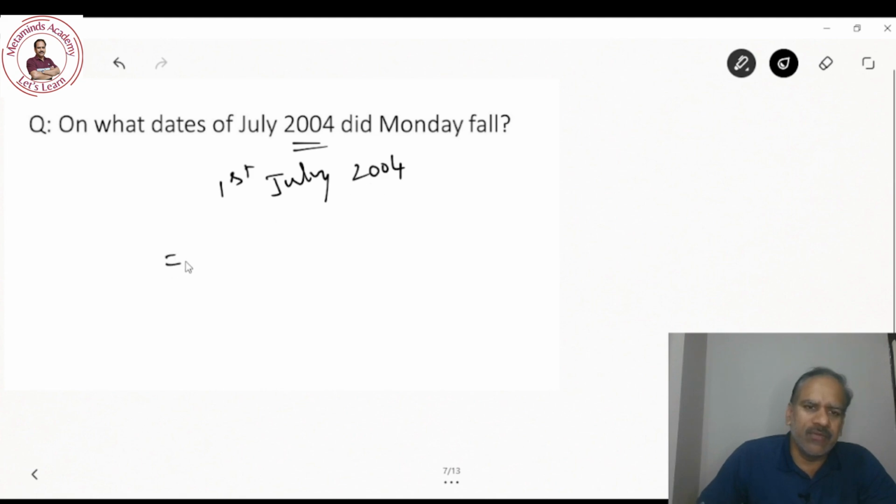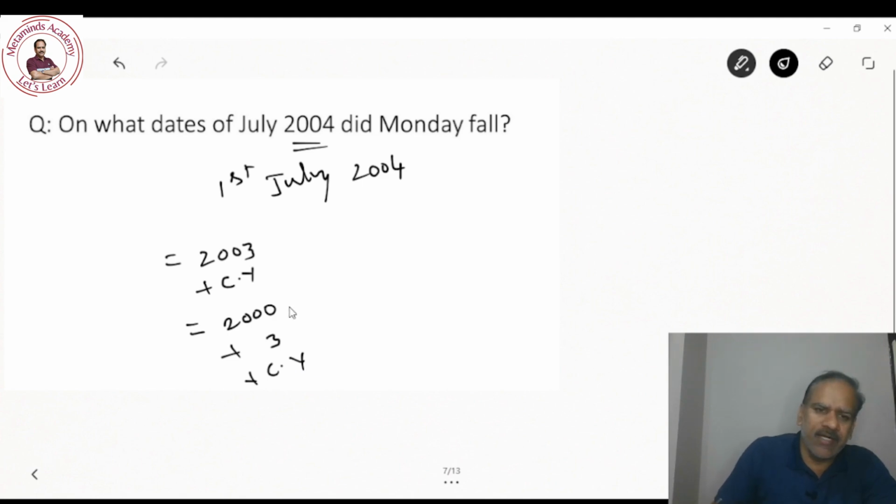Which is equal to 2003 years plus current year, which is equal to 2000 plus 3 years plus current year. Because 2000 is a multiple of 400, it has 0 odd days. 3 ordinary years has 3 odd days.